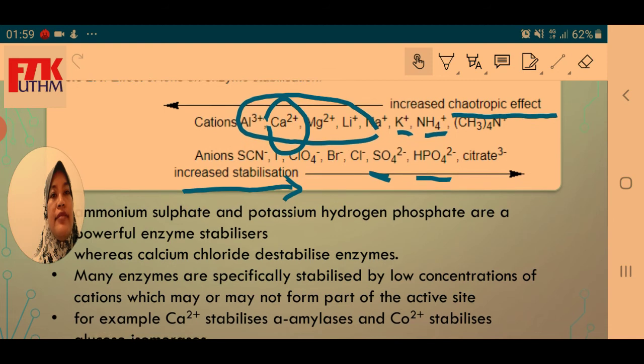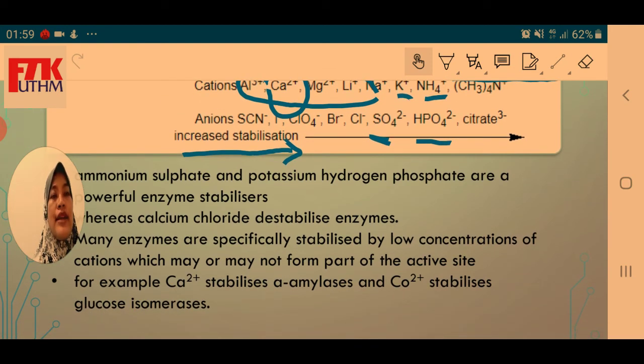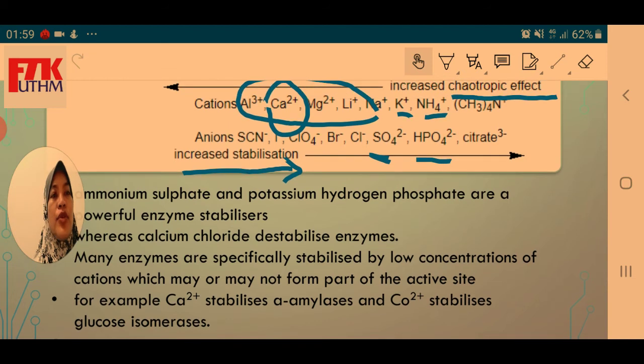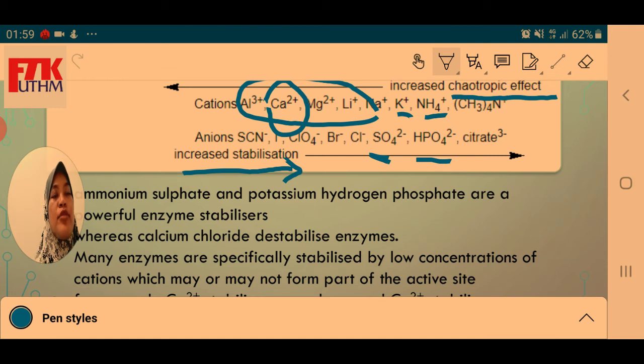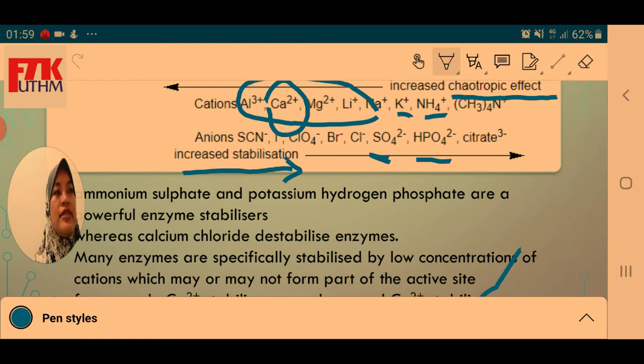Okay, and then there are also other examples. Here calcium as well as cobalt are examples of cations that stabilize some enzymes. Here it says cobalt stabilizes glucose isomerase.